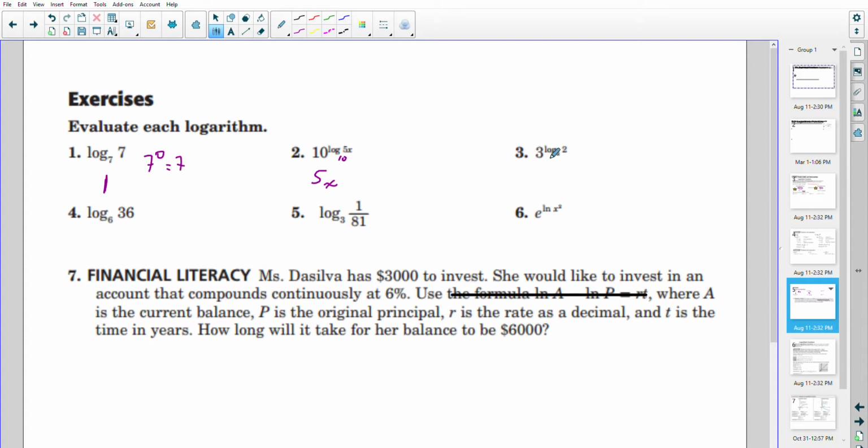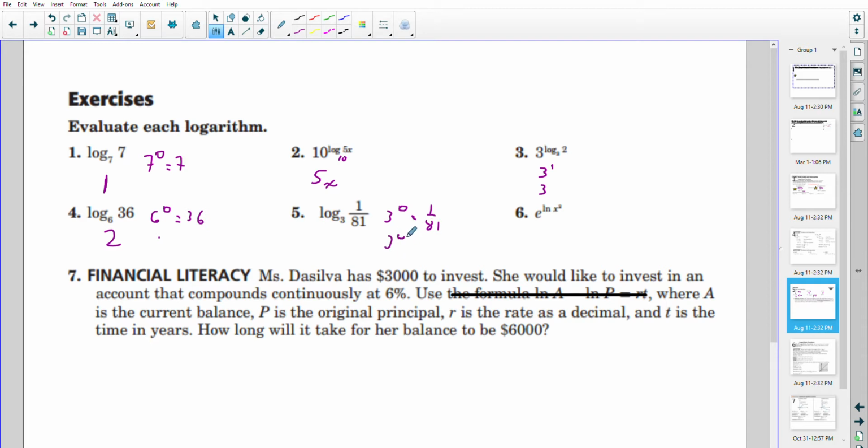This is going to have log base 2 of 2 on the exponent. You can see that 2 to the 1 power is equal to 2. So we can rewrite that as 1, and so that's just going to be equal to 3. On this one, 6 to what power equals 36, and you can see that that's going to be equal to 2. 3 to what power equals 1 over 81, a little trickier here.